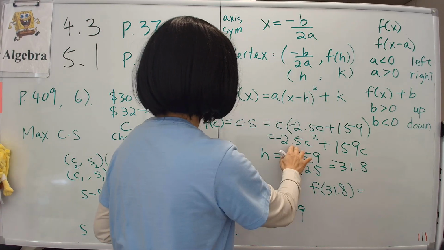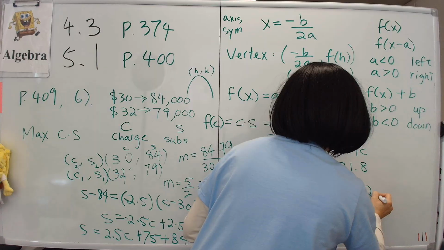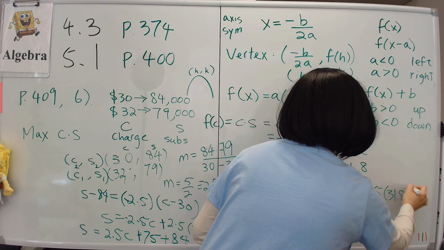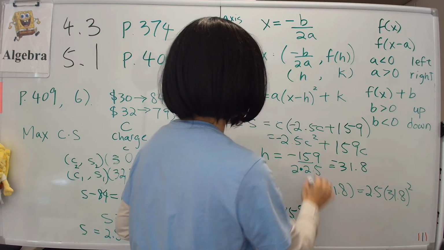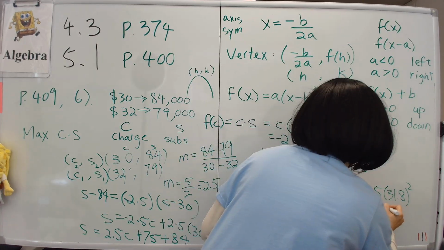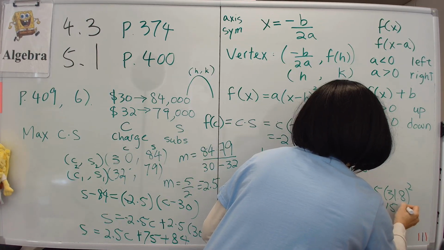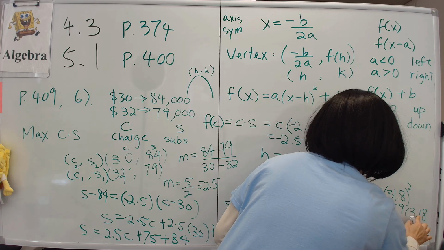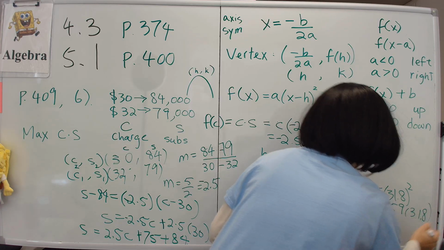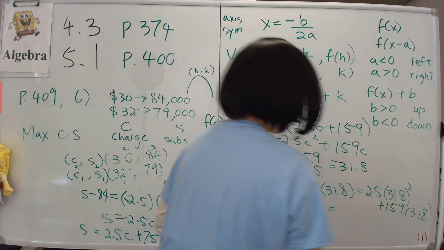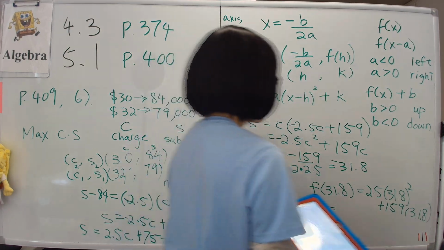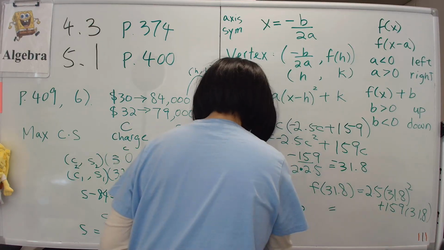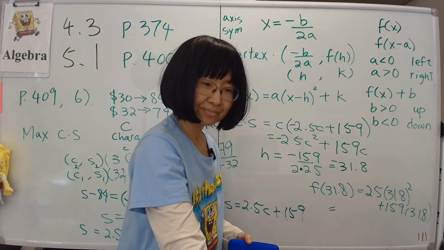So negative 2.5 times 31.8 squared, plus 159 times 31.8, and that equals something. Okay, so let me get the calculator and punch this thing out.